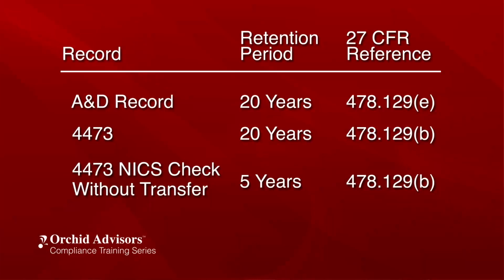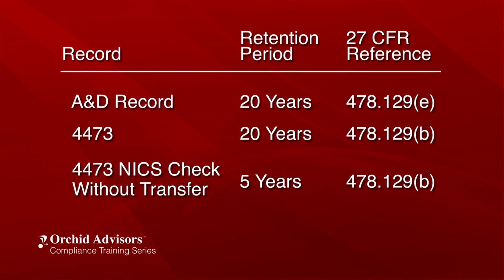Dealers or retailers are required to maintain completed forms for 20 years in the case of completed sales, and 5 years where the sale was denied as a result of the NICS check coming back disapproved or some other disqualifying information. This is summarized as follows. A&D record, 20 years. 4473, 20 years.